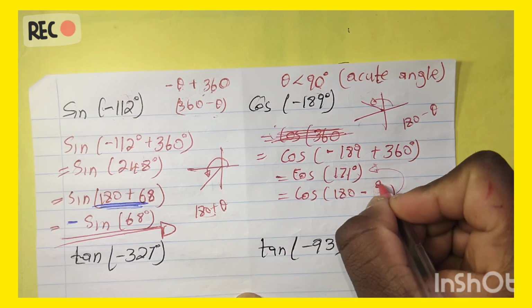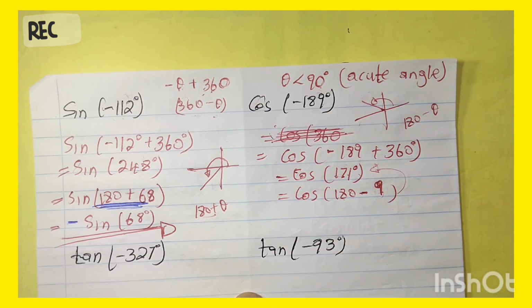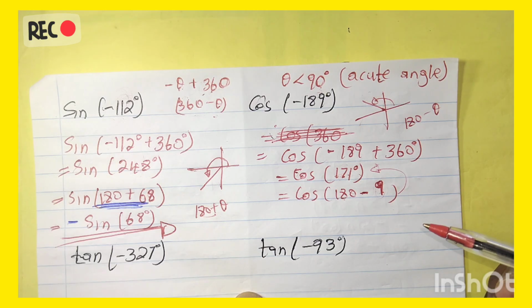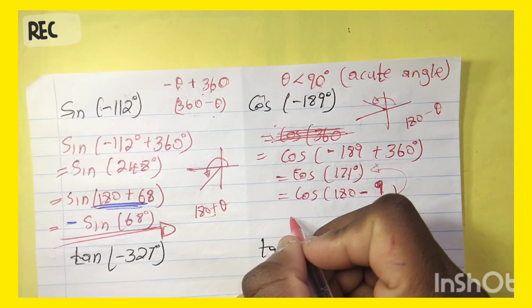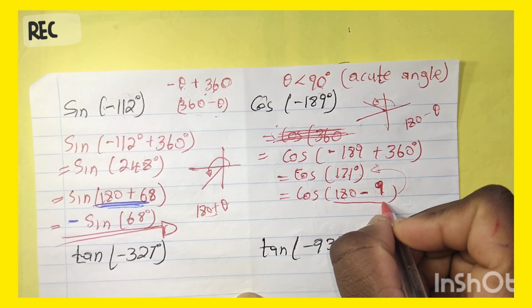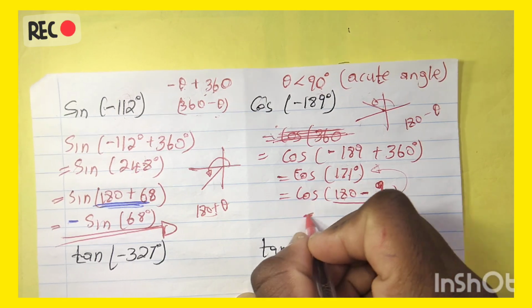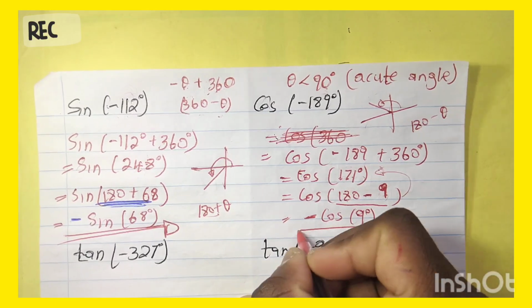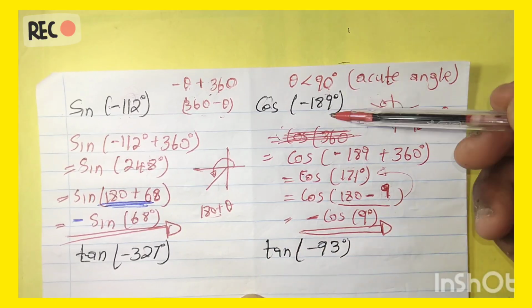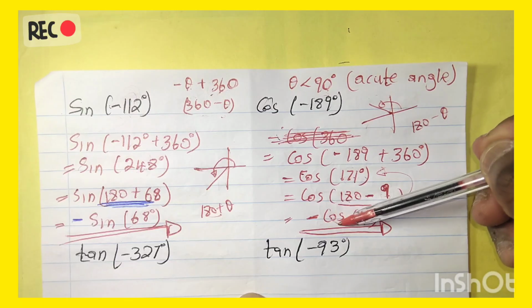That number is 9. So straightforward, I can just reduce the angle. This is a position on the second quadrant. Cos there is negative, so reduce the angle. If I reduce that one, it will become like this.